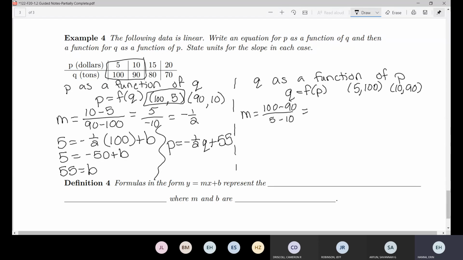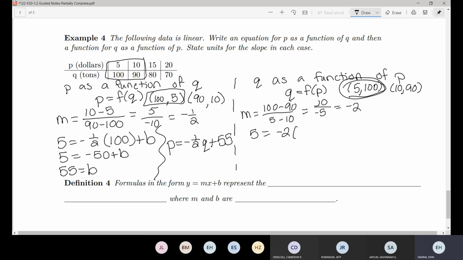Or maybe I'll just write it all out and then you'll tell me. So the slope is -10/5, so -2.